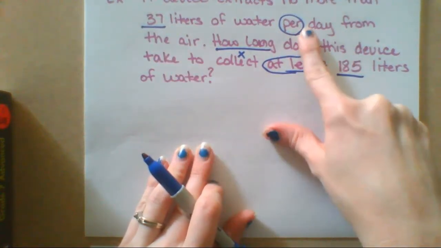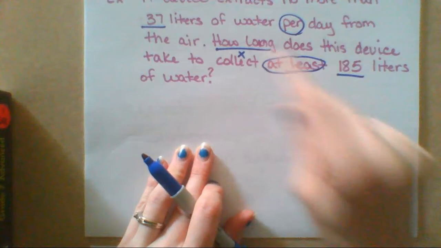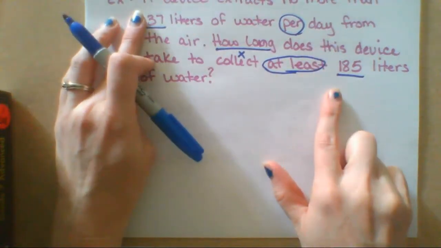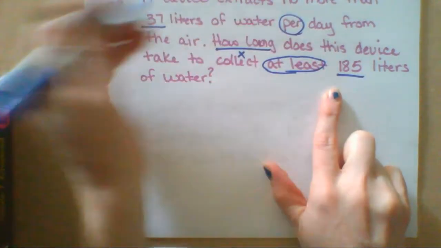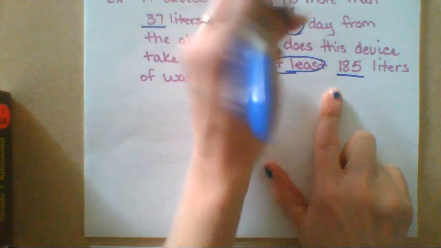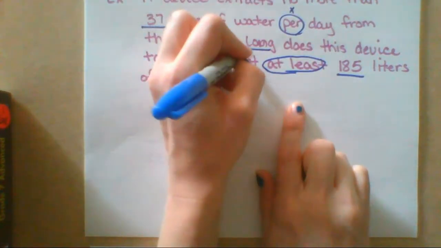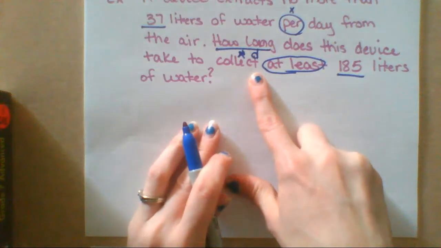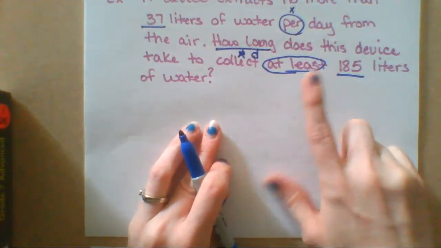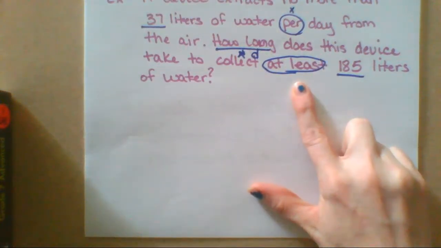Per day or per X. How long? We're going to do days, okay? So we're going to say 37 per, well, per means multiplication. 37 times our variable, in this case, we're going to change it to D for days, needs to be at least.